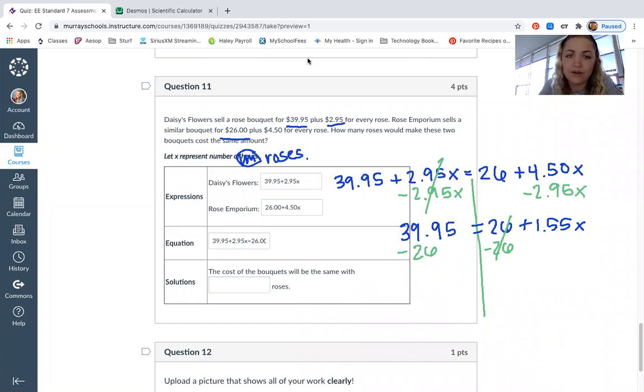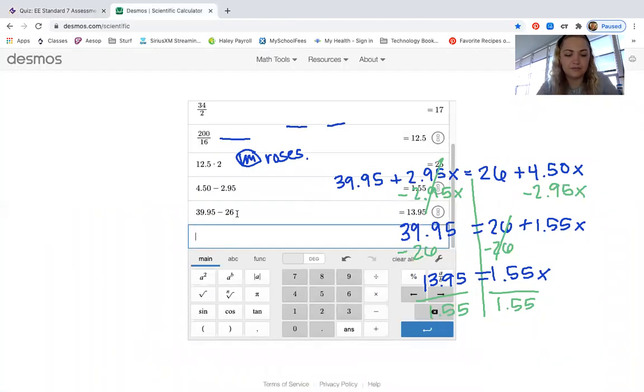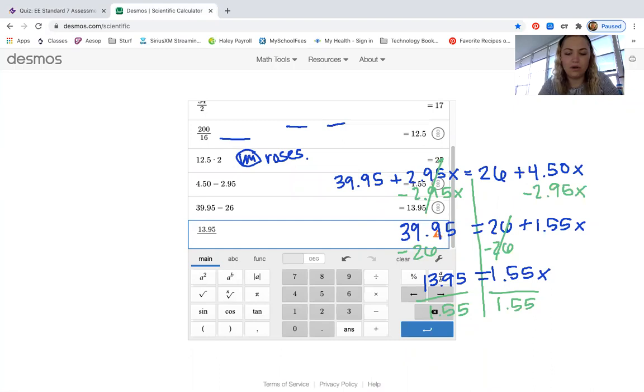So 13.95 equals 1.55x. Last step, divide both sides by 1.55. And I've got 13.95 divided by 1.55.